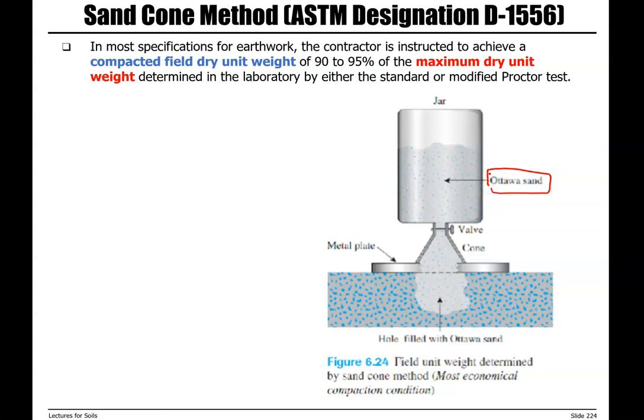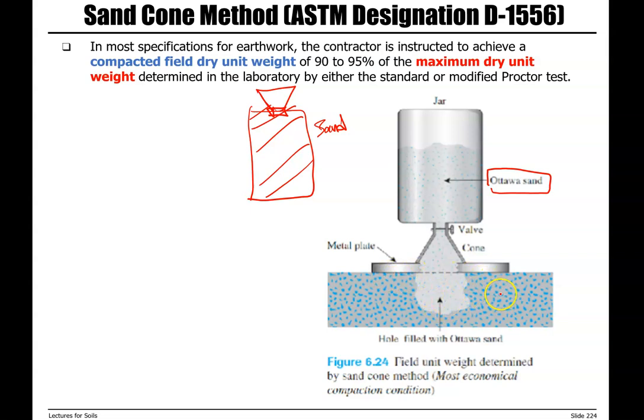It's called Ottawa sand. And we have this container. So we have a jar that has a cone here, and there is a valve here. We fill this jar with Ottawa sand, and then we make a hole.